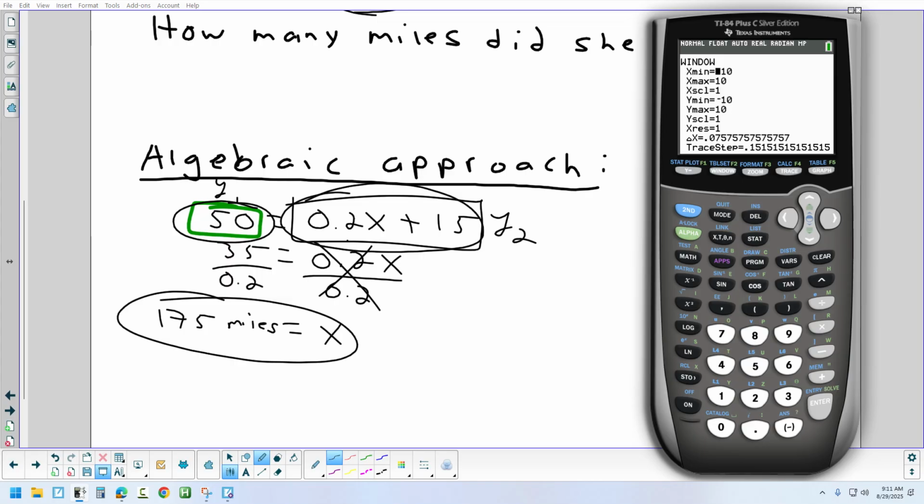Well, you're definitely not looking to 50, so I would set the y max higher than 50. I don't set it exactly at 50 because then it's going to be on the edge of the screen. Let's set the y max to like, I don't know, 60. And now let's just hit graph. So again, that was in window. Let's just hit graph and see if we've got something. Okay, we've got something.